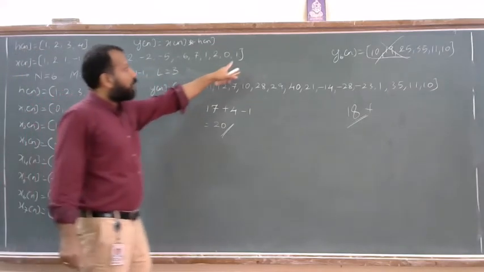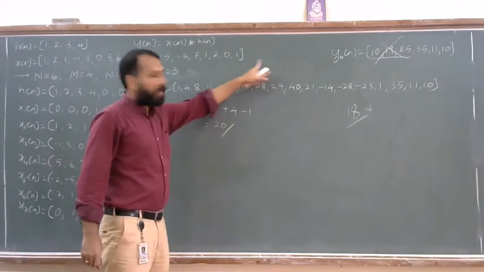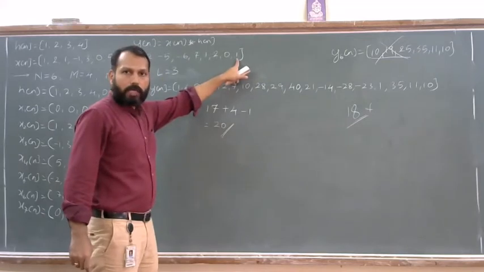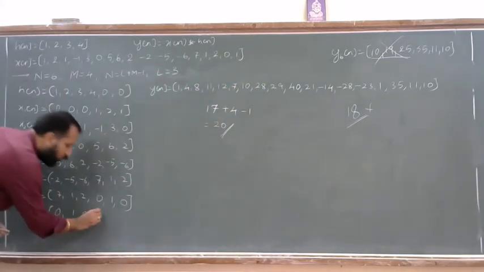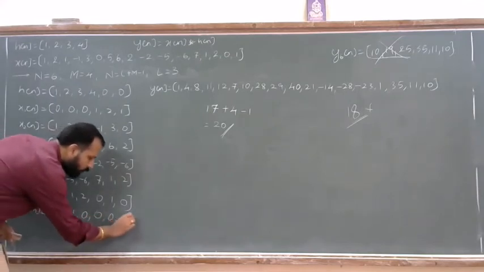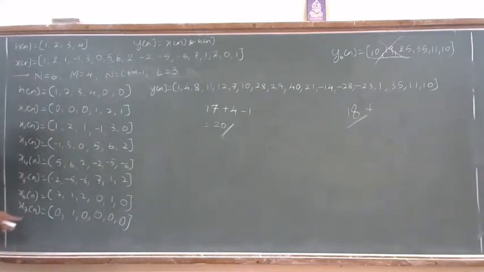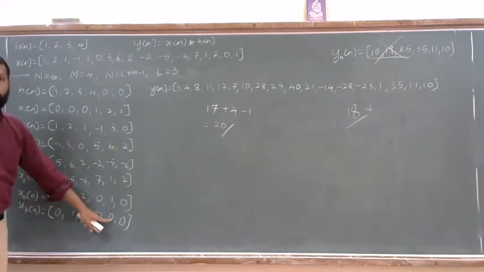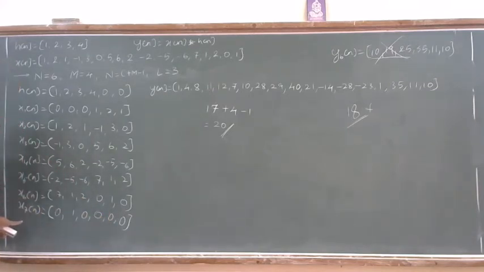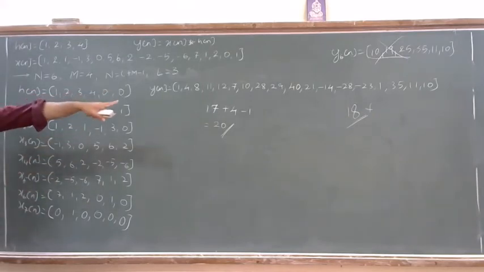But do we have any more samples in the input? We have covered till 0, 1. We do not have any more samples in the input, so to make its length equal to 6, we simply pad zeros. So x7 of n is 0, 1, 0, 0, 0, 0. This will be the additional segment to compensate for the loss of data.